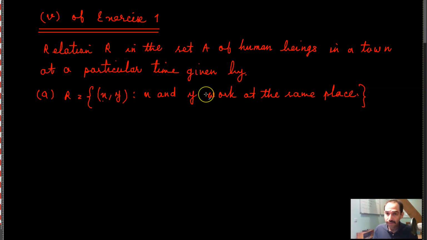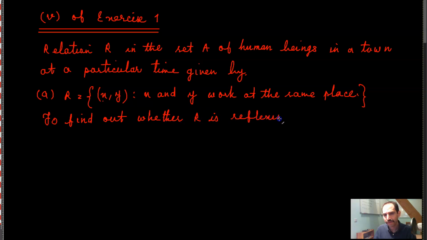So if you want to find out whether R is reflexive, what you need to do is that we say if A comma A belongs to R for every A belonging to A, then we say that R is reflexive.